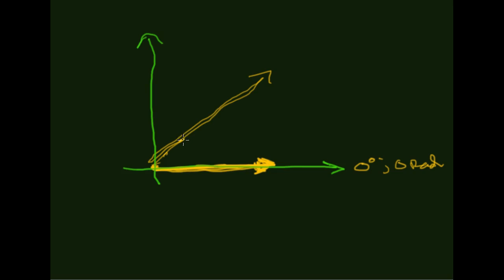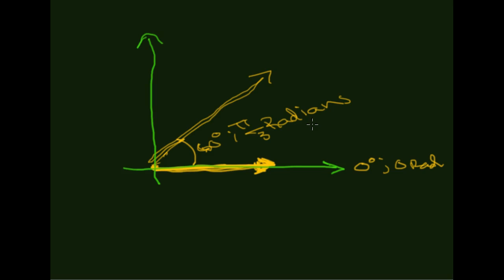So let's say that this is a 60-degree angle, and recall that that can also be noted as pi over 3 radians.